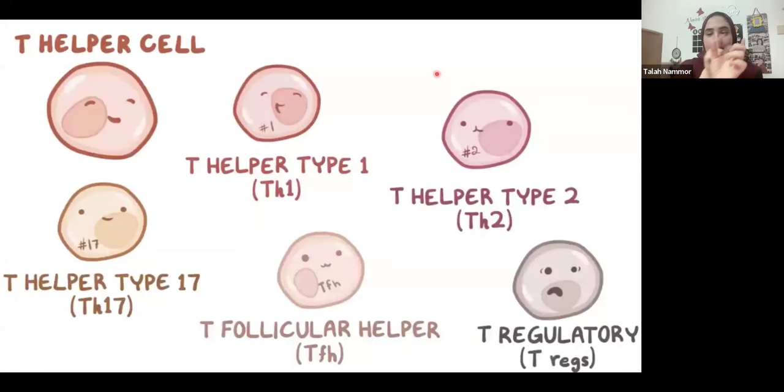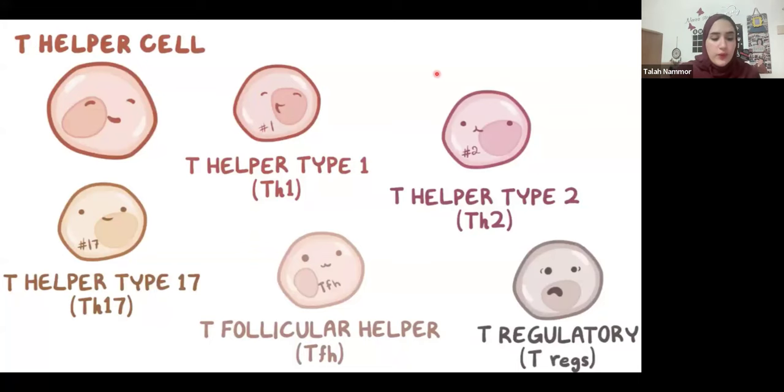Inflammation starts with I and F, interferon gamma. So it's pro-inflammatory. It causes inflammation. T helper 1 releases interferon gamma. Whatever can cause inflammation in our body, T helper 1 is just going to run there.